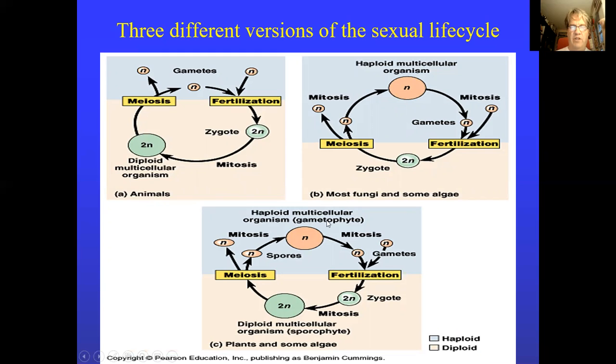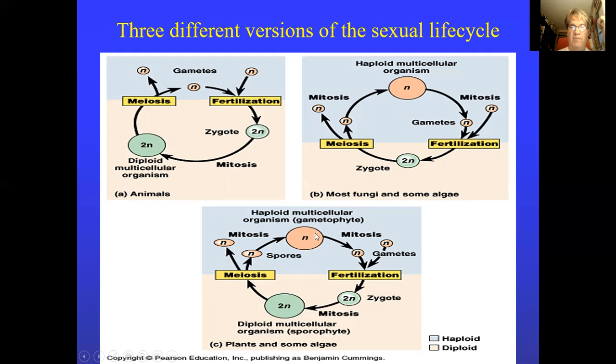Plants actually have something called alternation of generations, where there's a form of the plant that's haploid, and it's a multicellular plant, actually. And then there's a diploid form of the plant, all right? Most plants that you see around are diploid, and then they'll go through meiosis, produce spores, and those will germinate to produce a multicellular organism that's haploid.